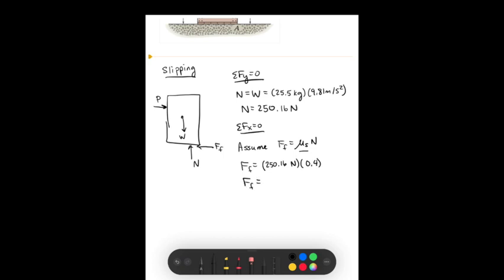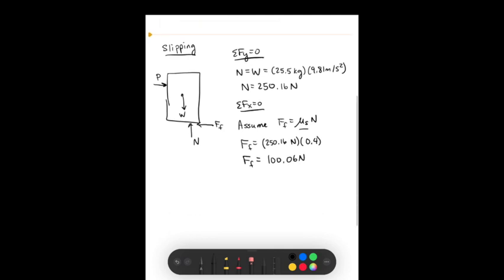So when we solve for the friction force, we find that that would be 100 newtons. And looking at our equilibrium in the x direction, the pushing force would have to be equal to that. So we know the pushing force under slipping conditions would be 100 newtons.